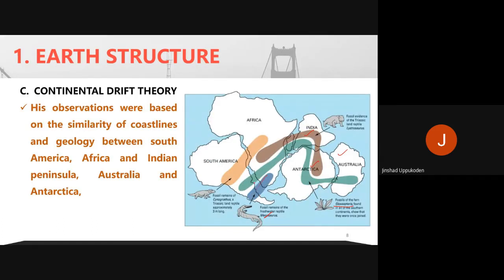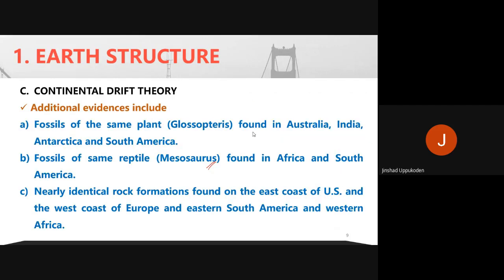Another fossil, Cynognathus, is also found in both South America and Africa. Depending on these studies, he concluded that they were in fact one entity, which later split into different parts.